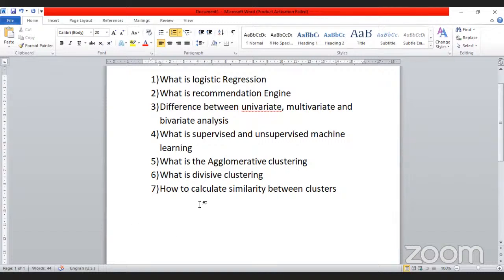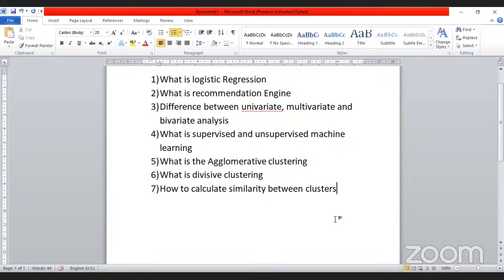The square root of (x2 minus x1) squared plus (y2 minus y1) squared. We use the Euclidean distance to calculate similarity between two clusters, and this is the formula to calculate Euclidean distance.